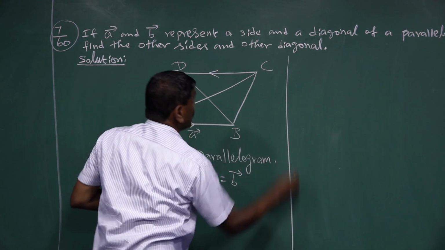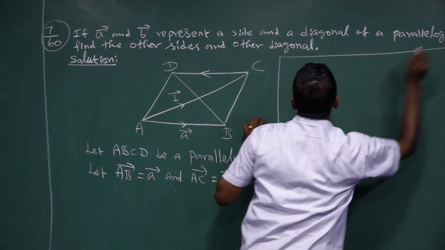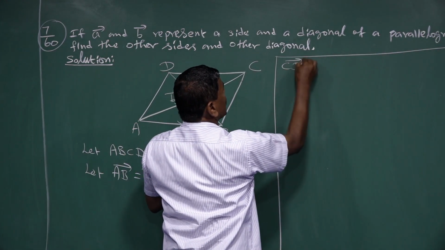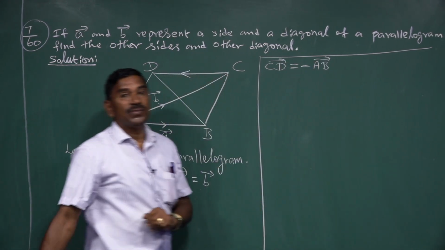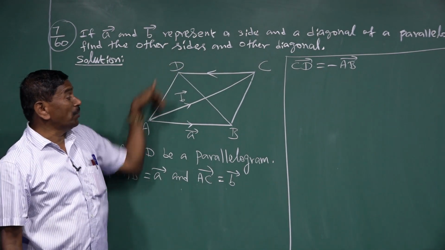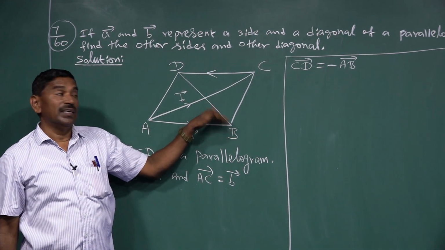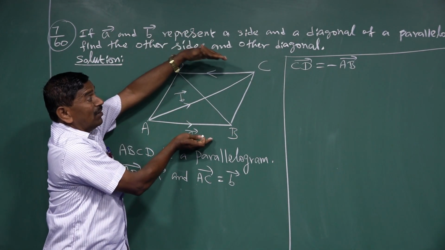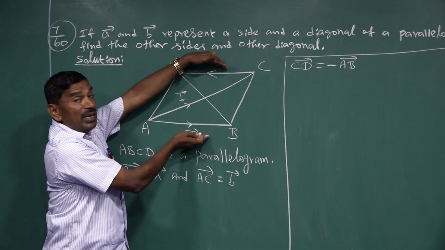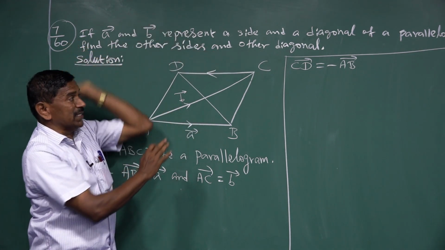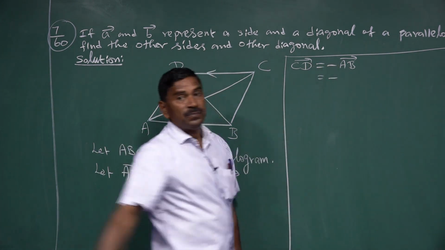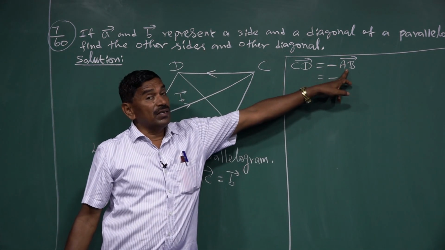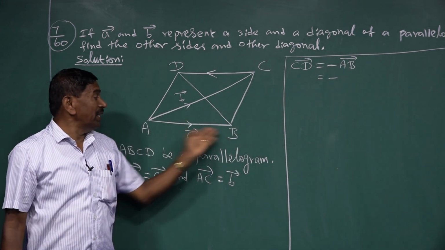Therefore, vector CD is equal to minus vector AB. Why? Because vector AB and vector CD are equal in magnitude but opposite in direction. What is vector AB? Vector AB is equal to vector a. So one side is ready: vector CD is equal to minus vector a.